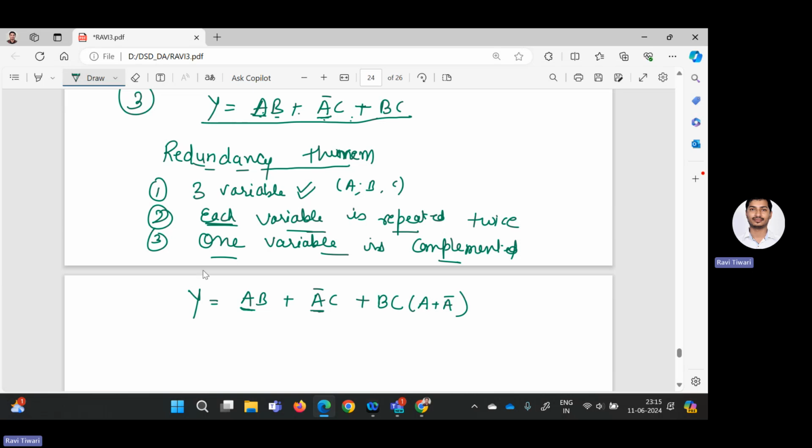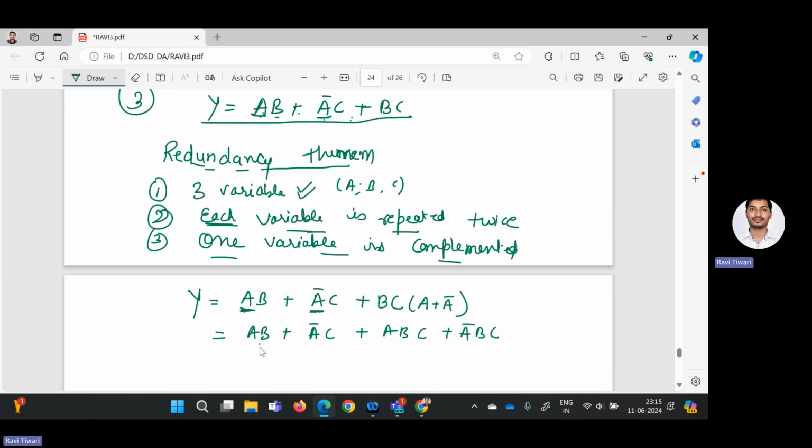If you have a normal form and a complemented form, then you include A plus A bar right here. Open this expression: AB plus A bar C plus ABC plus A bar BC.